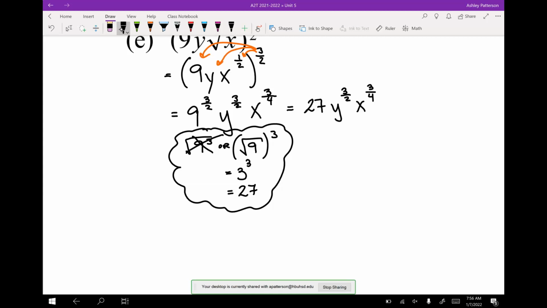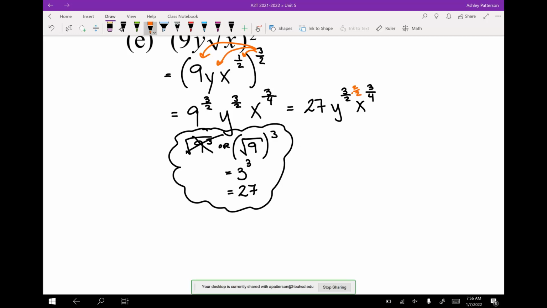Denominator. Do they have the same index right now? But could we manipulate it so that they do? Yes. What could we multiply to 3/2 so that it has a denominator of 4? Yeah, 2 over 2. Just like we did when we were getting common denominators for adding the fractions.